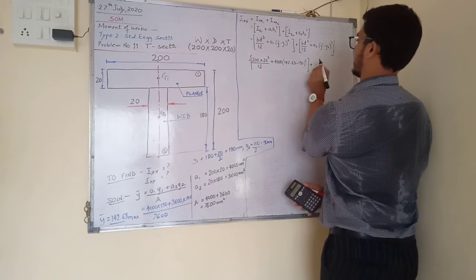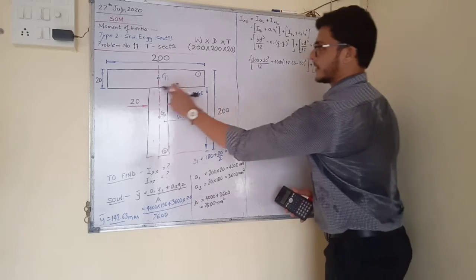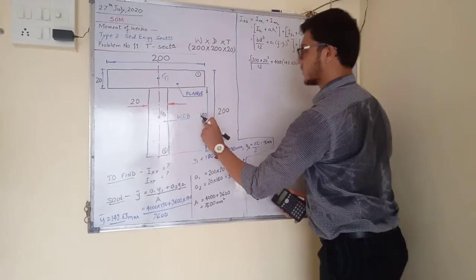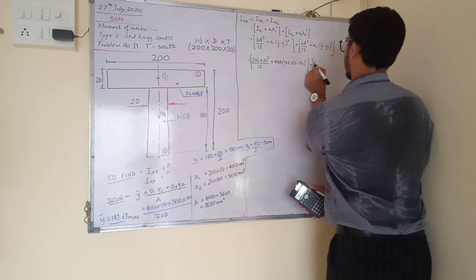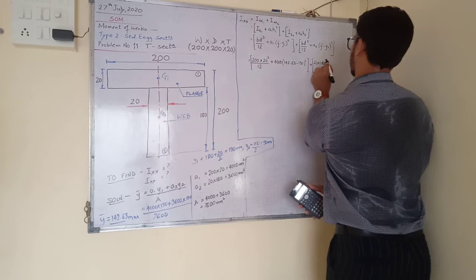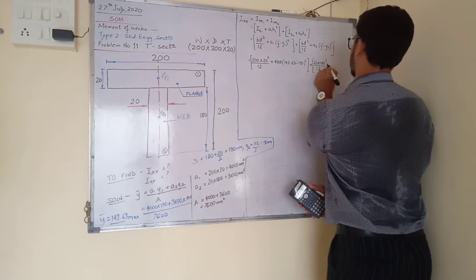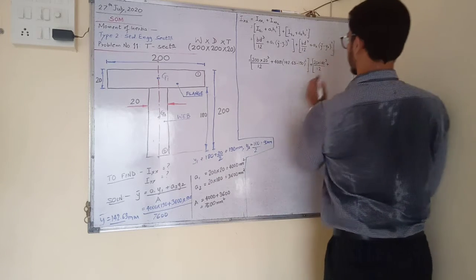Plus BD cube by 12 of the second rectangle. B is 20, D is 180. 20 into 180 cube divided by 12 plus area A2 is 3600.